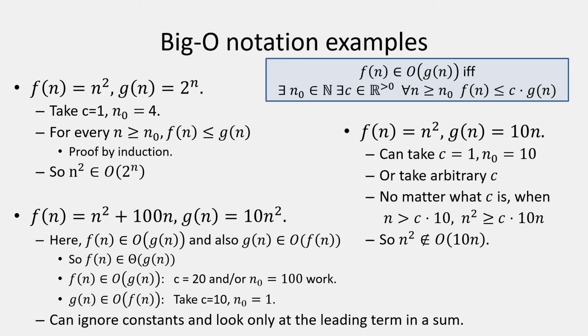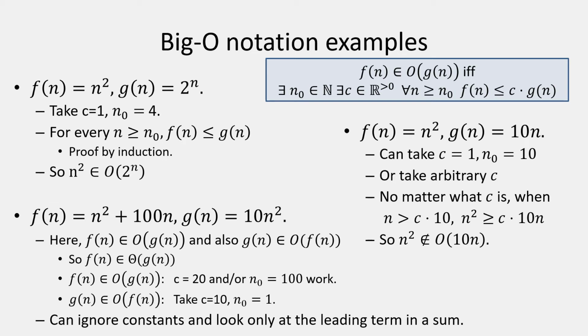Okay, now it's a bit of a race. We got 100n in the first one, and we got 10 times n squared in the second one. So which one grows faster? The interesting thing here is that they actually have the same growth rate. So we will show that f is not just in big O of g, it's in big Theta of g.